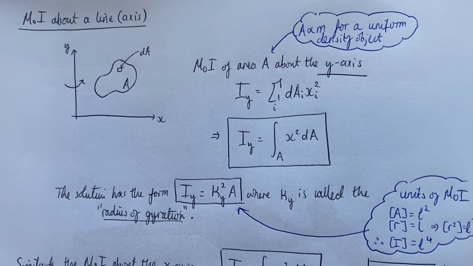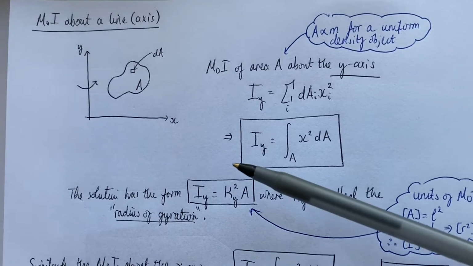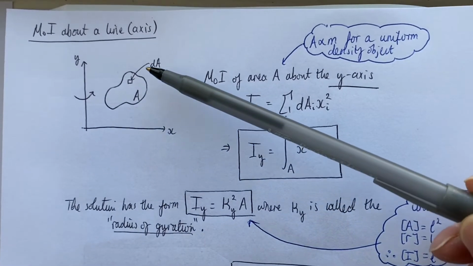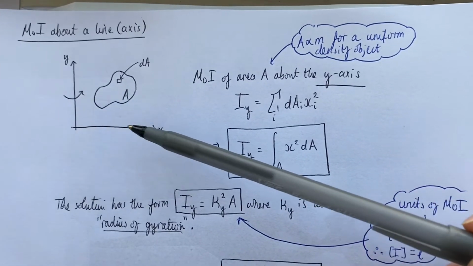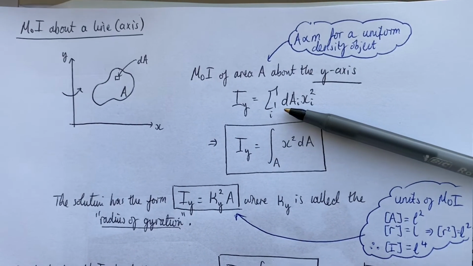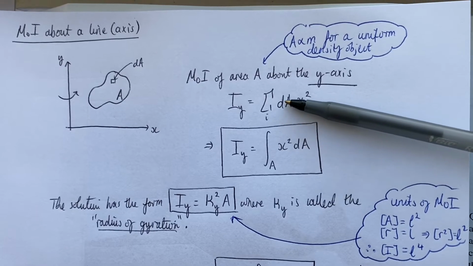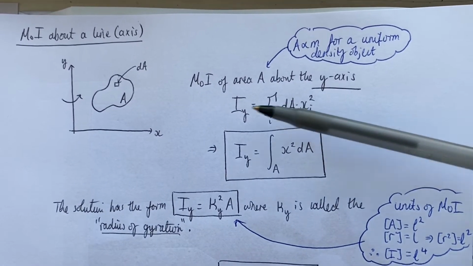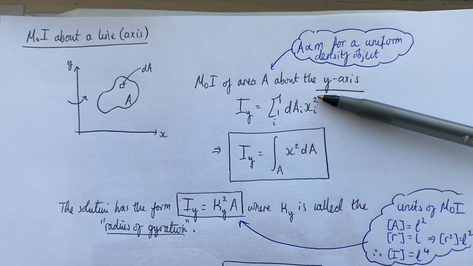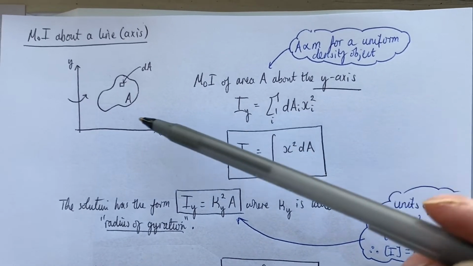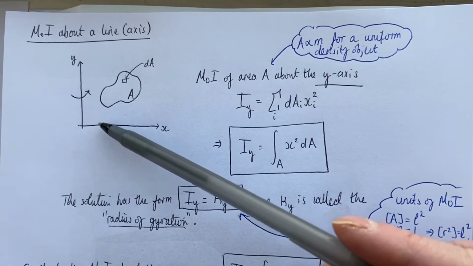and then we can calculate the moment of inertia of the whole area A about the y-axis by summing up the individual areas dA multiplied by the distance or the radius of rotation from the y-axis, right?